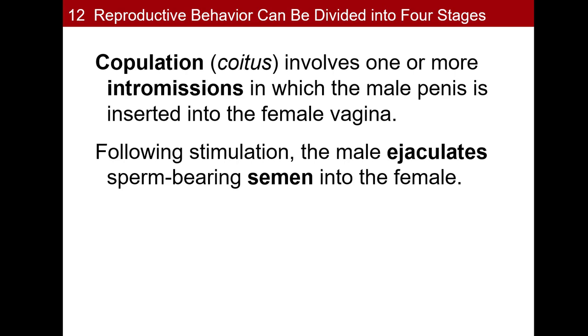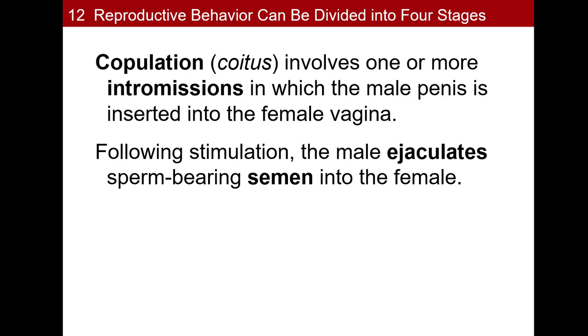One thing to think about here, it talks about the male ejaculating semen. So is it necessary for a man to have an orgasm in order for pregnancy to occur? Yeah, pretty much. I mean, I suppose there's a possibility of some fluids being released beforehand, but pretty much that's the case.